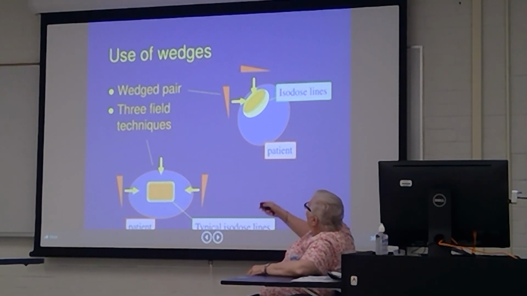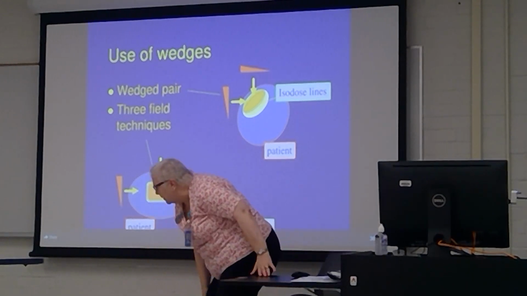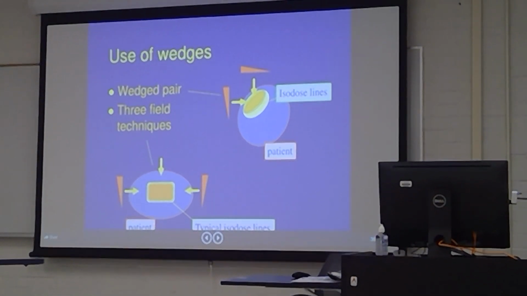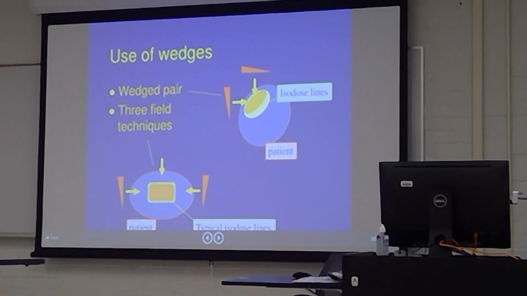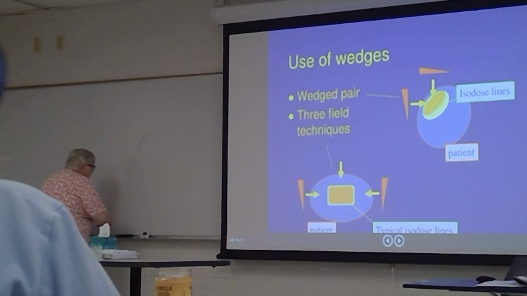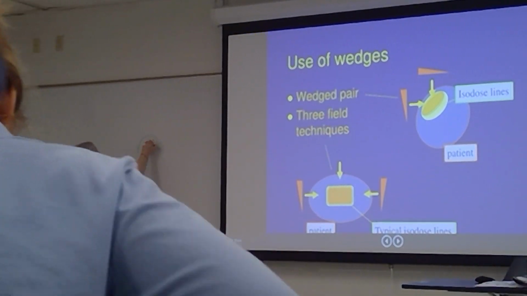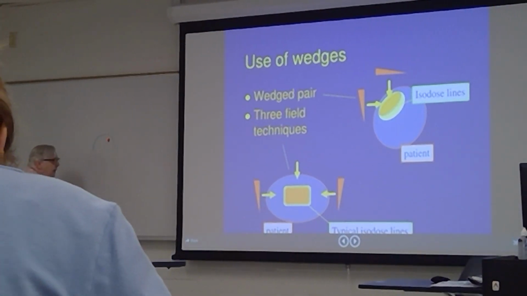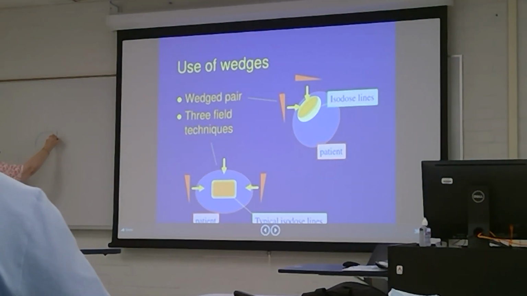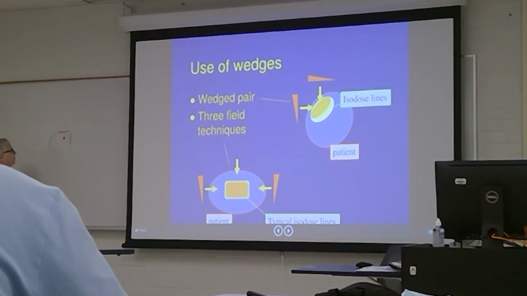This one could also be, since some nice person cleaned the board for me, I'm going to muck it up again. So if we did this, and the tumor is here, then we could treat a plan here and one here.